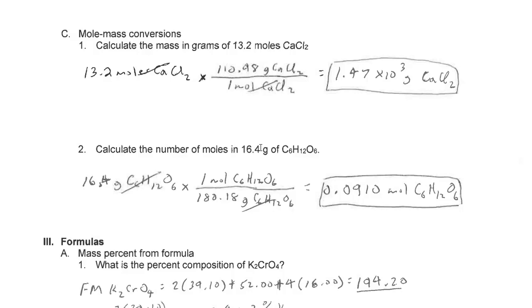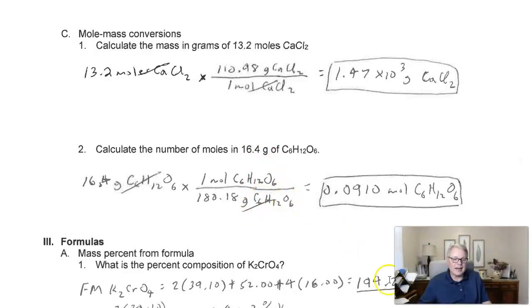Well, I know for every 1 mole of glucose, that weighs 180.18 grams. Where did I get the 180.18 grams? Well, it's just the formula mass. See, you got to be able to do formula mass, because if you can't do that, you can't do this. If you can't do this, you're going to have a really hard time doing what we're going to talk about next.